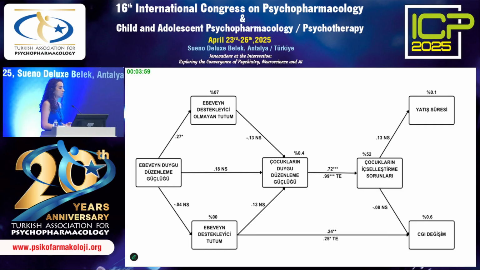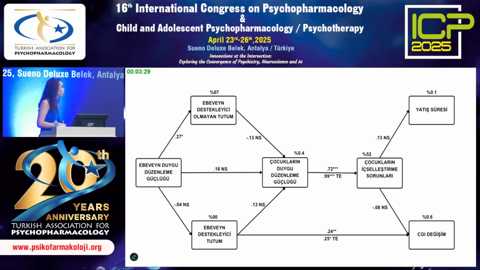The literature says there is a gap between the two parties. So there are some great correlations. Here, 99 is the total relationship, which shows us that parental emotional regulation difficulties have an effect on the children's emotional regulation difficulties.